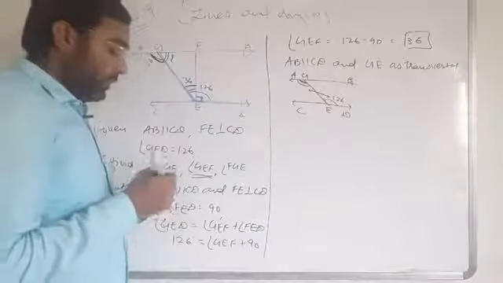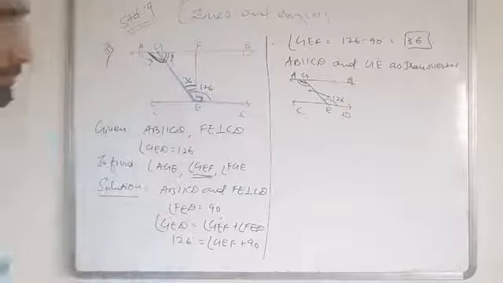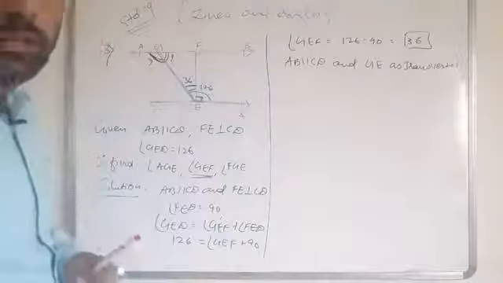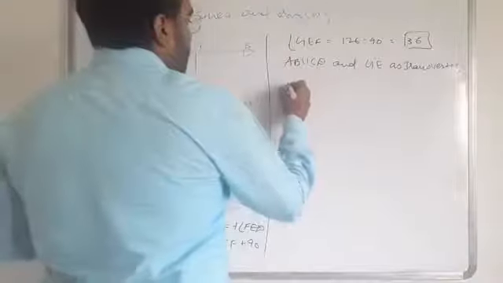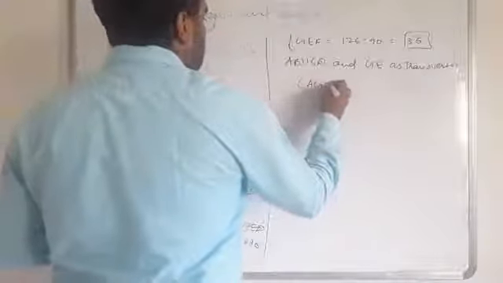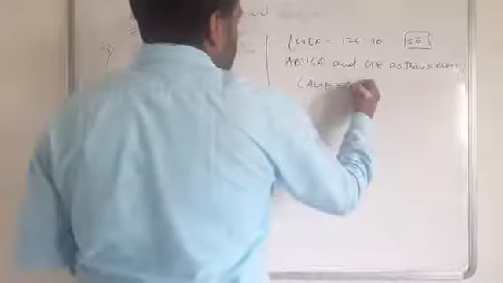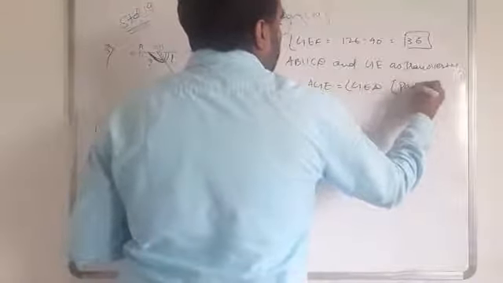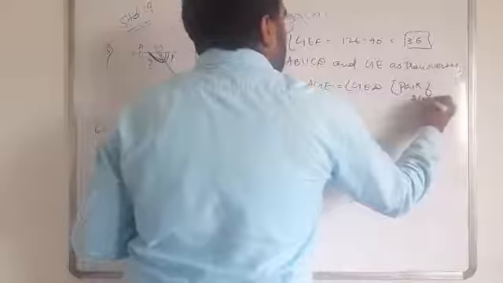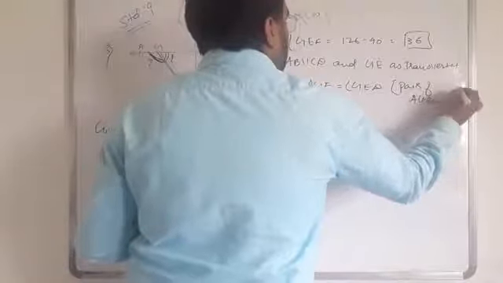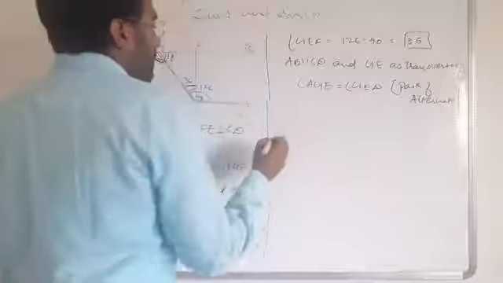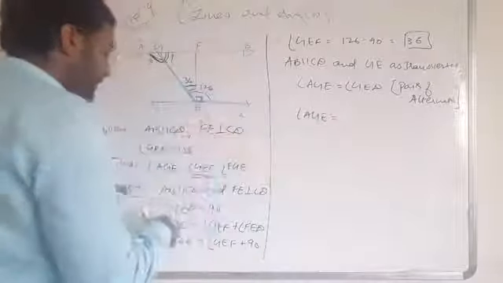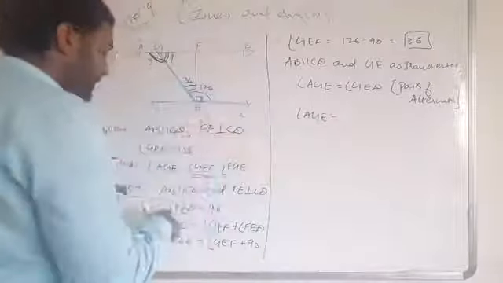So therefore we write angle AGE is equal to angle GED, a pair of alternate angles. So angle AGE is equal to GED, which is given as 126.